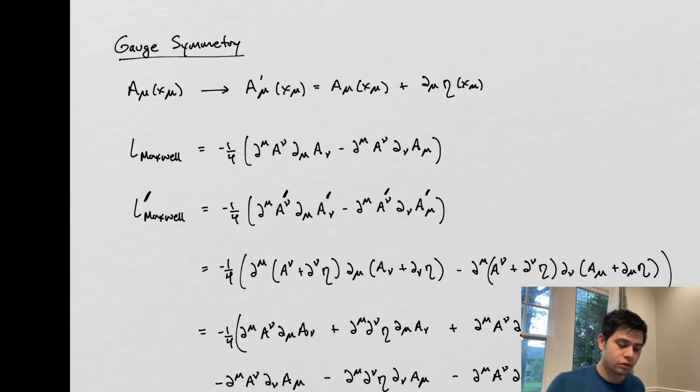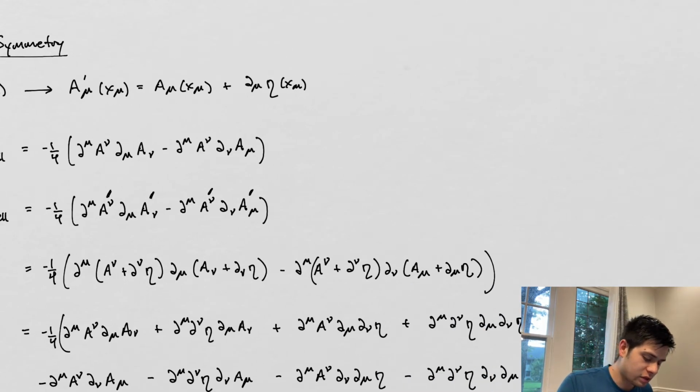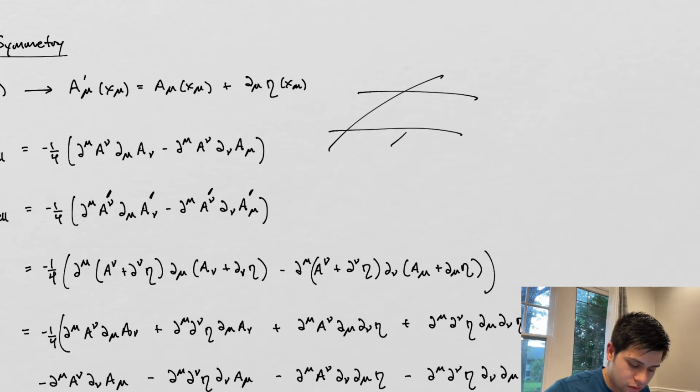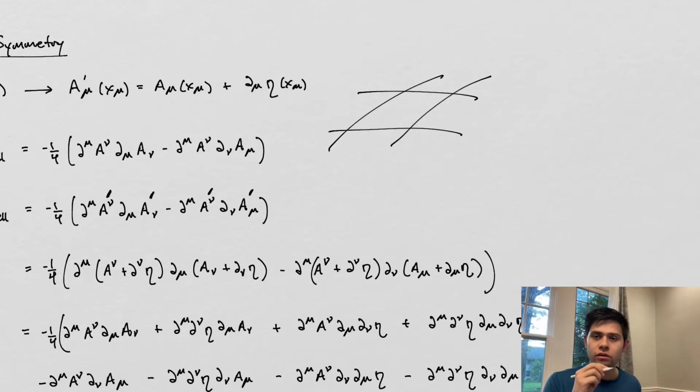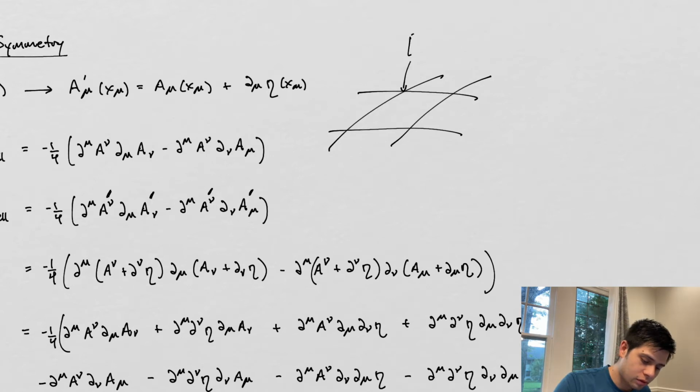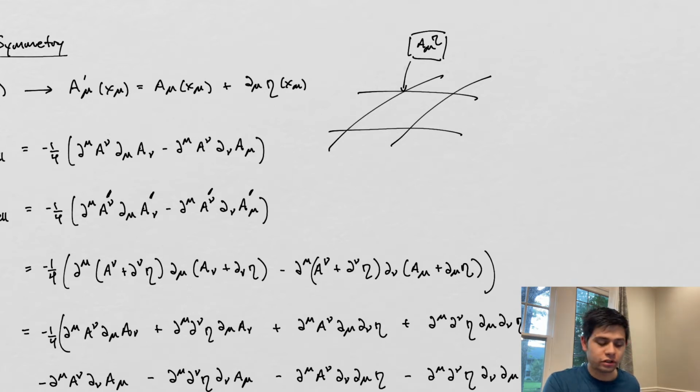Okay, so when we're looking at this, we are saying, well, we have our field, and at every point in the field, we have a value for our 4 vector. So right here, for example, we have our A mu, but we also have this eta function. This is an arbitrary function of the spacetime.